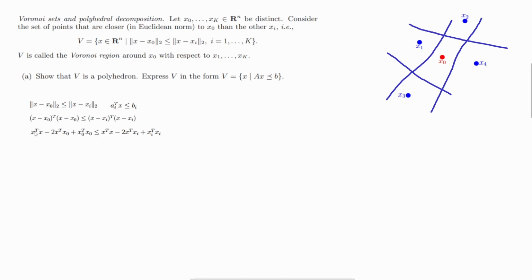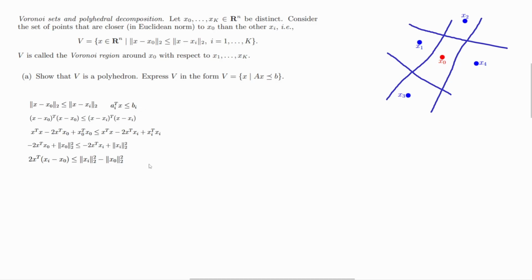Notice that the x transpose x on both sides cancel each other out. So this is a key step. Here I just cancel the x transpose x, and then because of this property, when you have x transpose x, that's simply the square of the 2-norm, so I just wrote these as follows here. And then we can rearrange this inequality as follows.